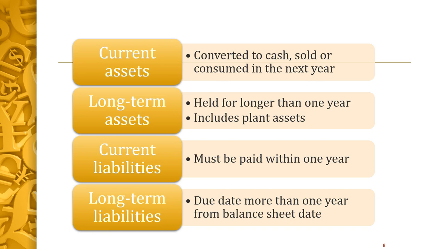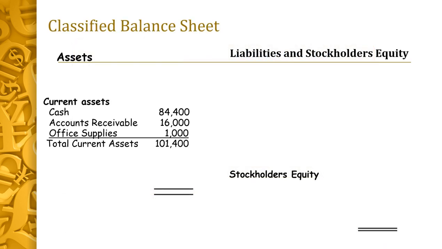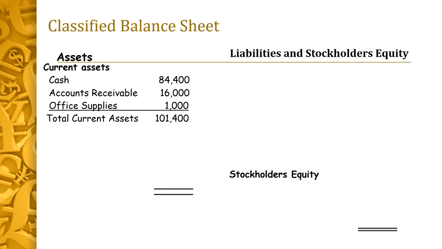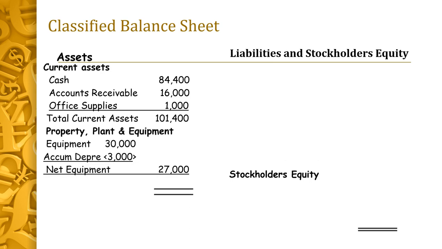So let's take a look at our balance sheet. We would list our current assets based on liquidity. Cash is always first, then accounts receivable and office supplies. Then we do our PP&E, the equipment less the accumulated depreciation. And now we know that our liabilities and equity must equal $128,400.